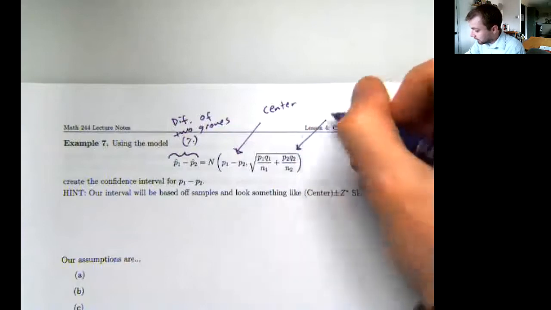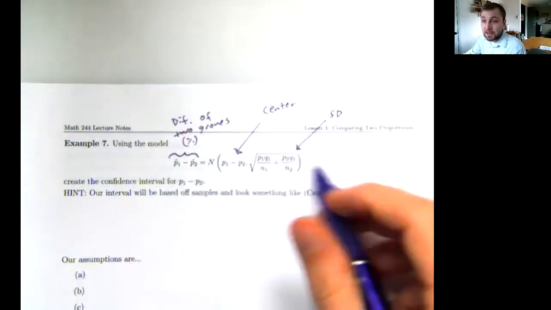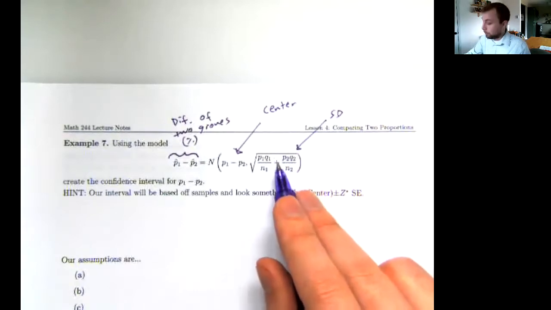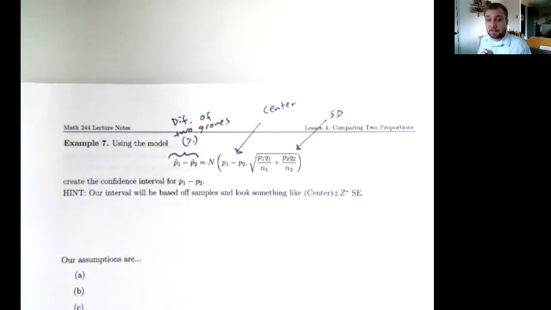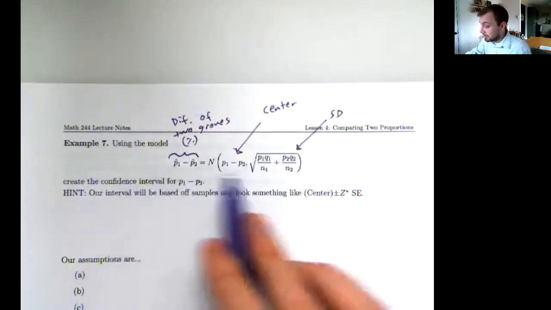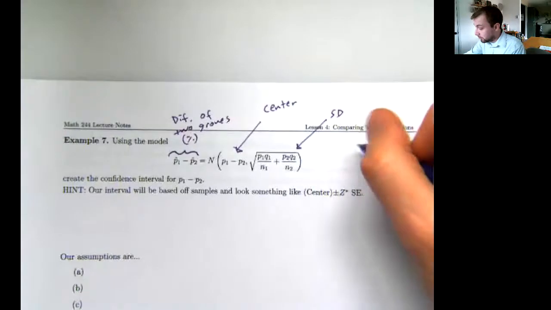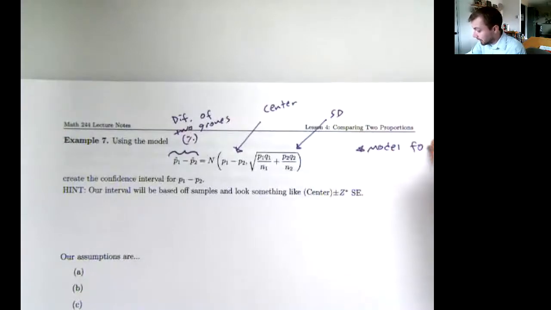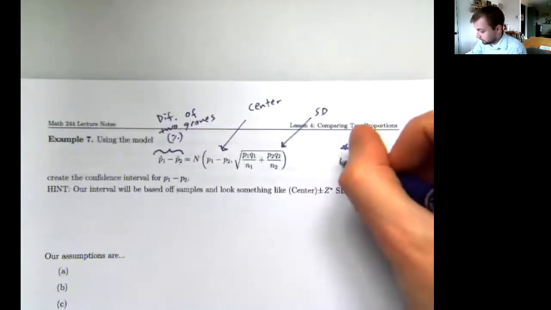This is my standard deviation. When I combine groups, I add the spread. The more variables I have, the more I am adding underneath that standard deviation. I'm going to use this same model next time, so I'm just writing myself a note. This is my model for my hypothesis test.